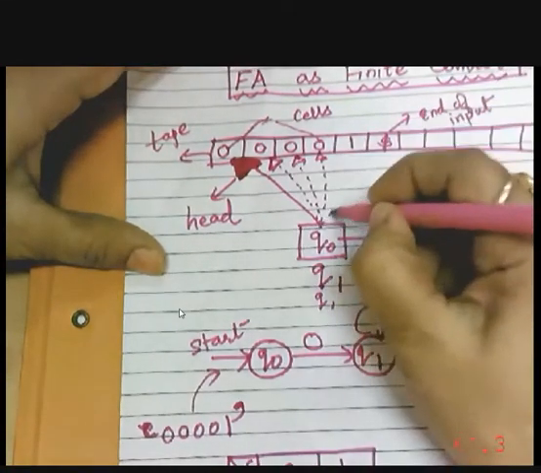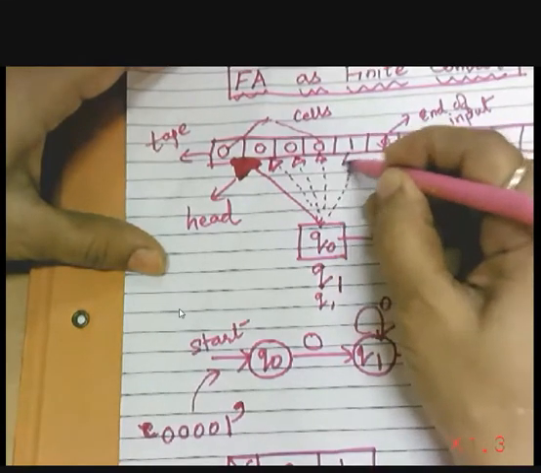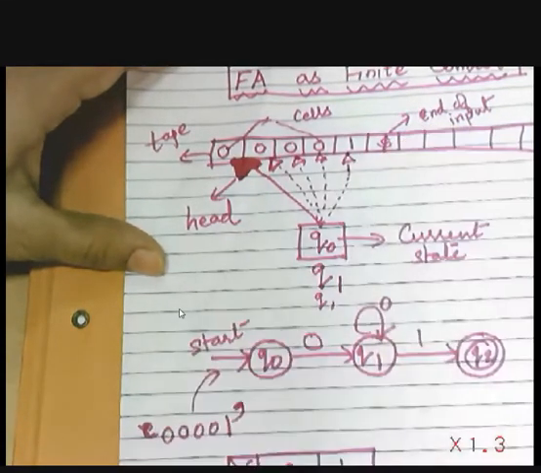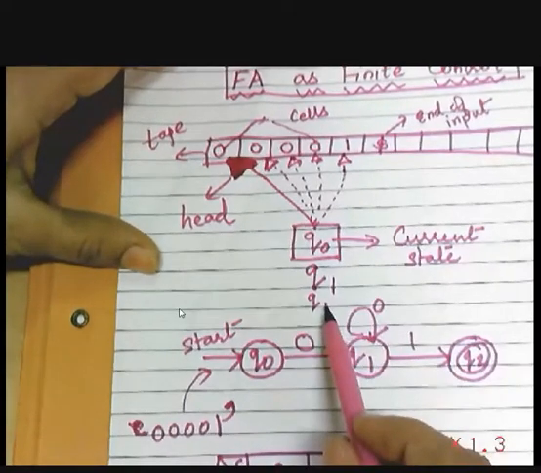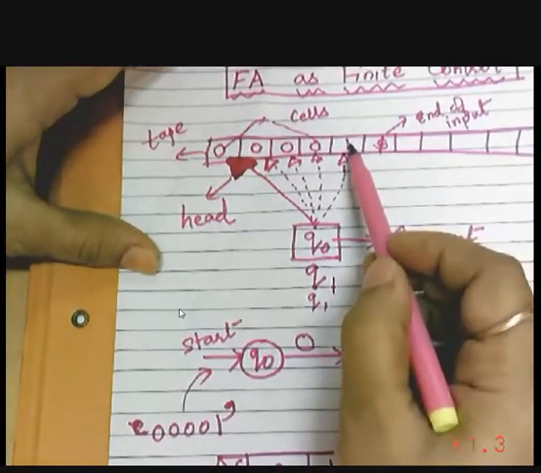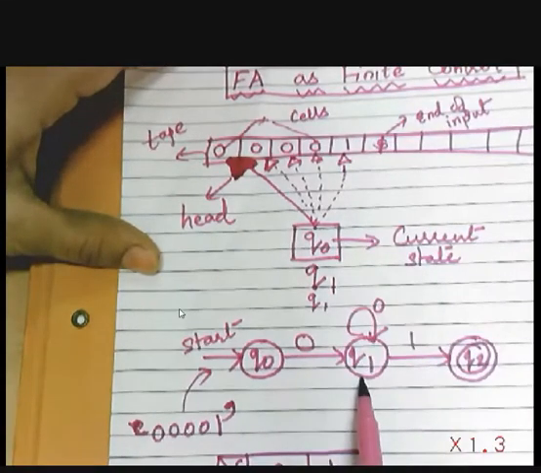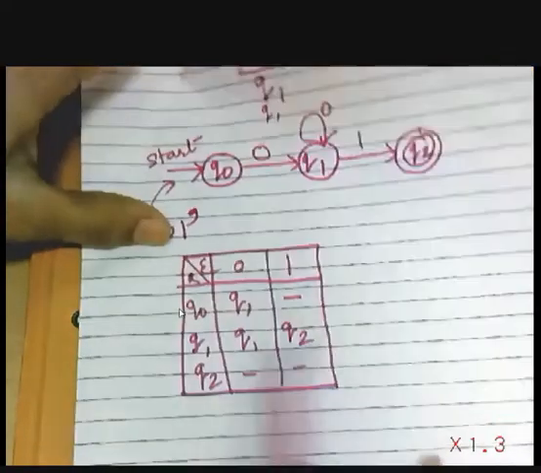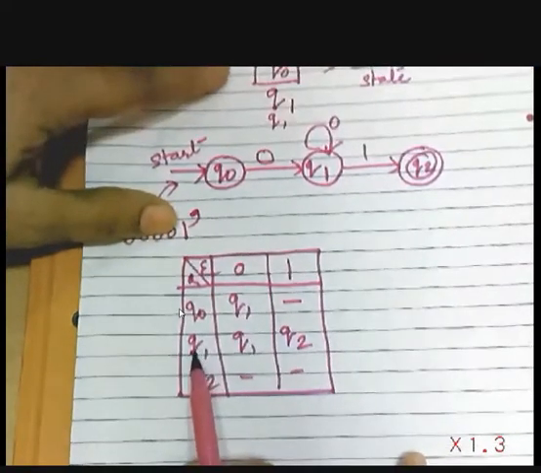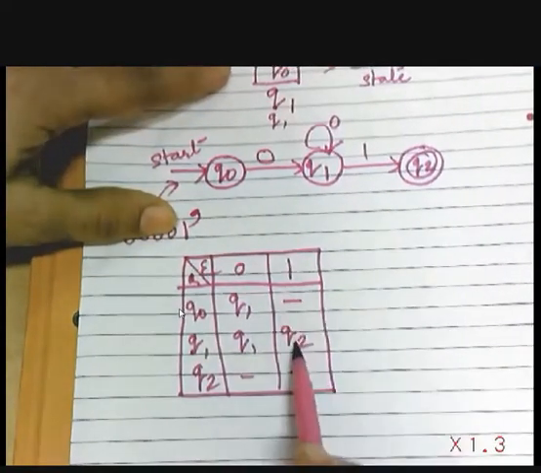But as soon as the 1 is read, what will happen? The current state is Q1 and the read symbol is 1. It is moving to Q2.